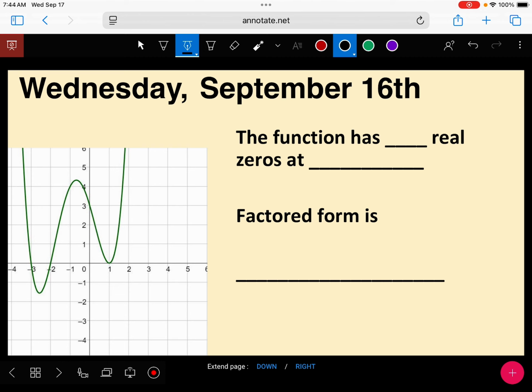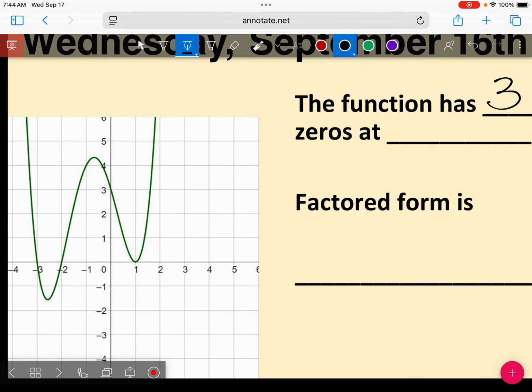So show me with your fingers, how many zeros do we have? How many times does it cross or bounce? We have 3. And those 3 occur here, here, and here. So it would be x equals -3, -2, and +1. Let's go ahead and make our equation. So y equals, make 3 parentheses.